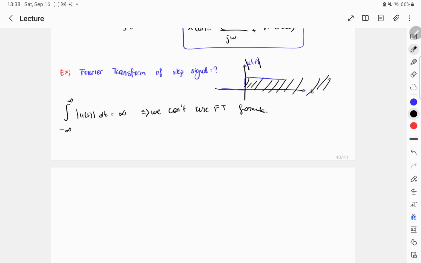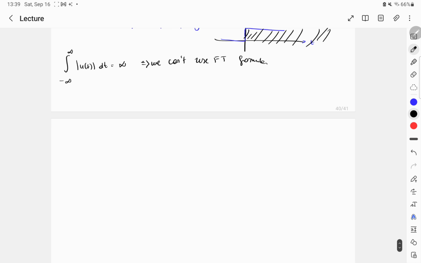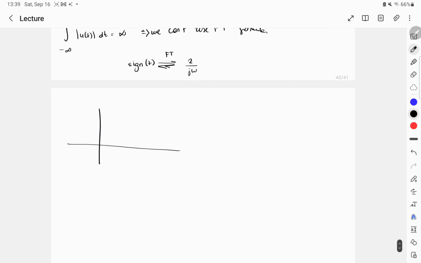So we will use a little help from the signum function. The Fourier transform of the signum function is 2 over j omega. The signum function has the value minus 1 until 0, and it takes the value 1 afterwards. So sgn(t).